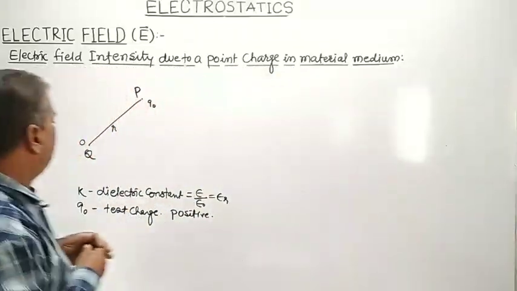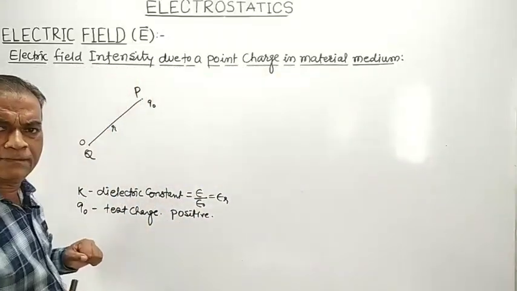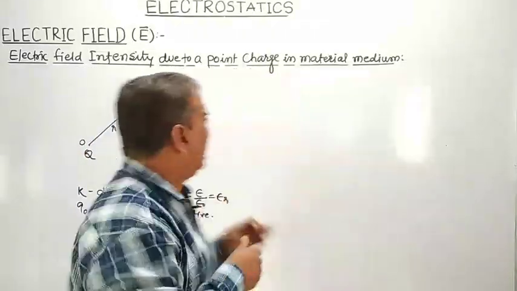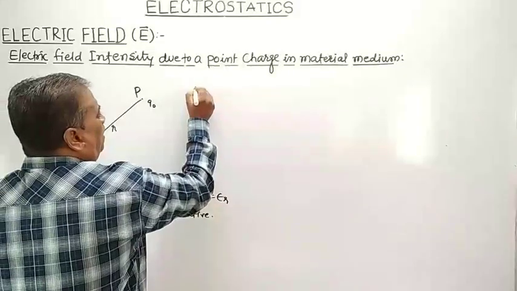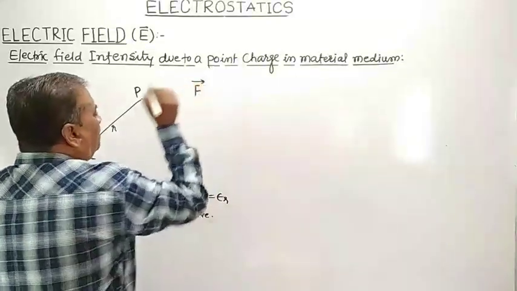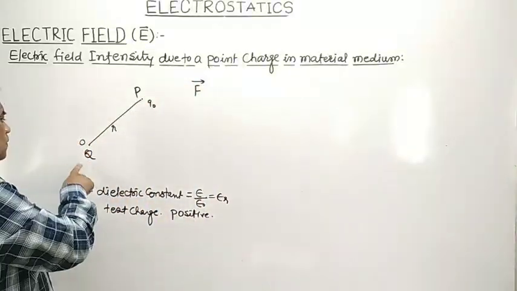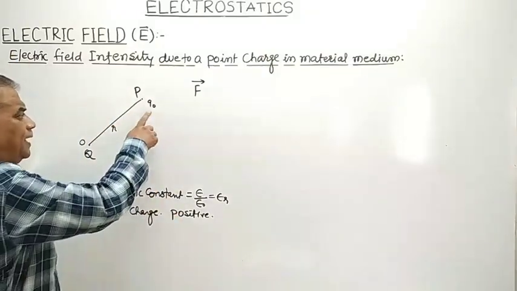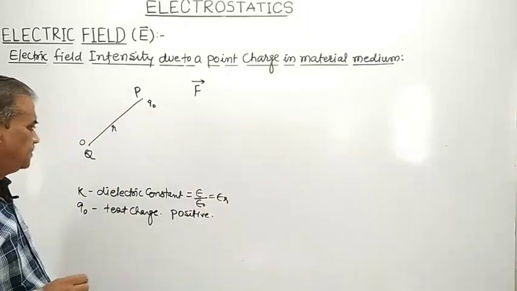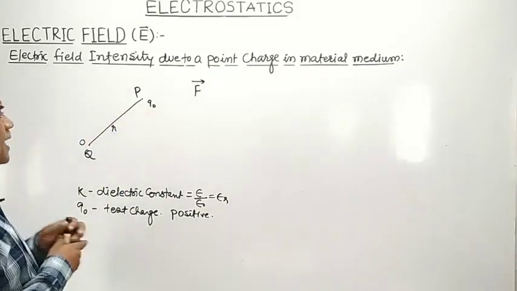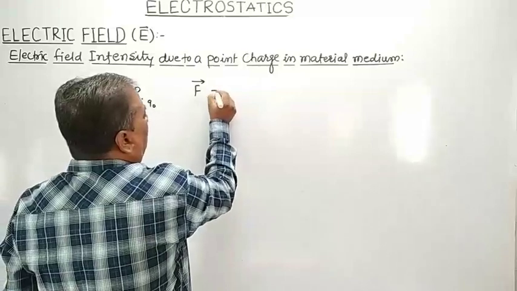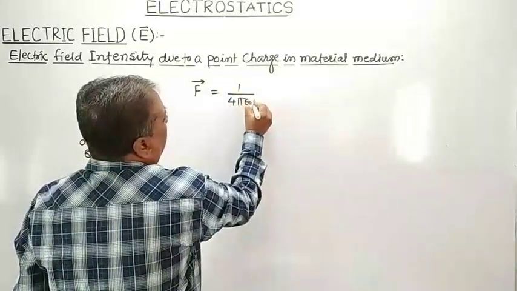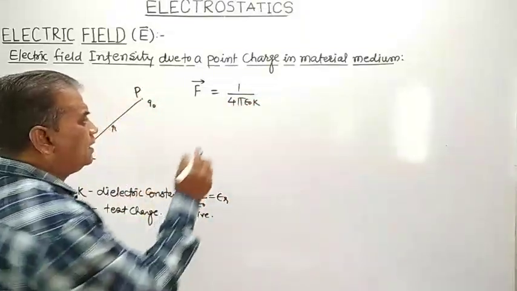So here between the two charges Coulomb force will act, and according to Coulomb's law, the force experienced by test positive charge q0 due to given charge q is F equal to 1 upon 4 pi epsilon 0 into K.